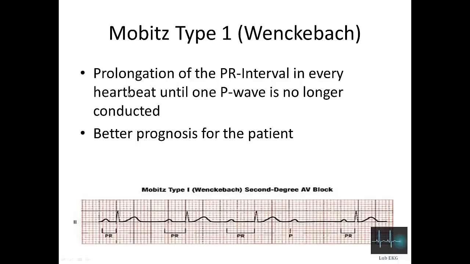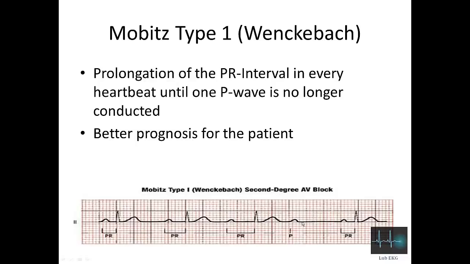It basically means that you have a prolongation of the PR interval in every heartbeat, but not all P waves are conducted. So let's see, we have the first interval here, PR. We have the second, and as you can see, the PR interval is prolonging, it's longer. The third, we have a very long prolongation.